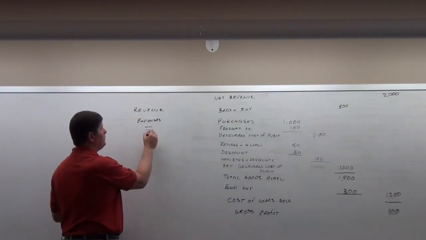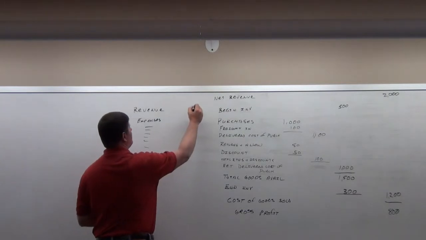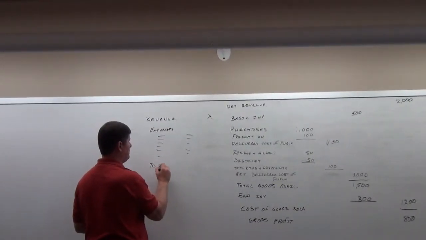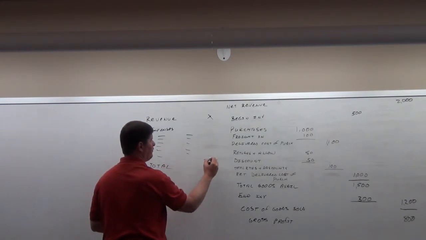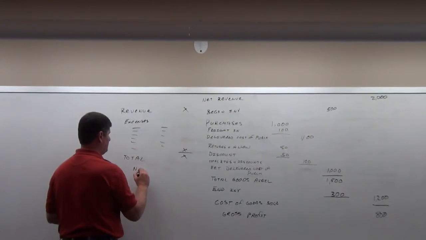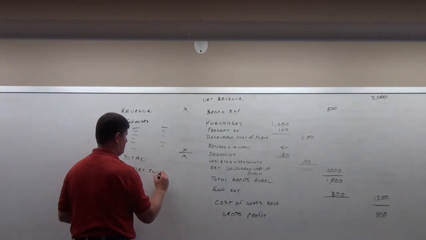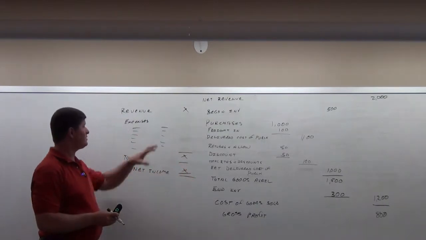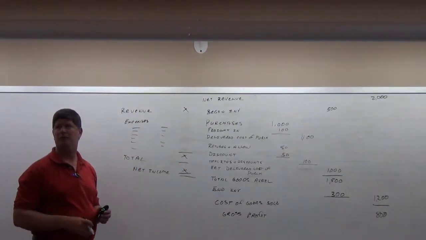And remember, we'd have maybe several expenses. So we'd have some sort of revenue number, we'd have some expenses, we'd have a total that we'd bring out over here, and we would have net income. Okay? This is a single-step income statement.